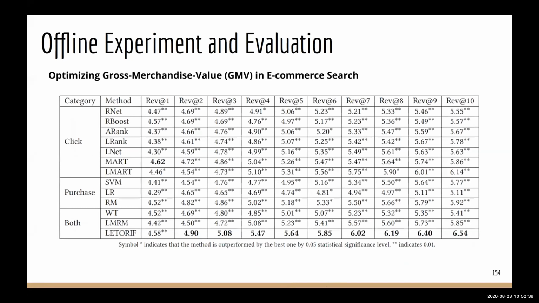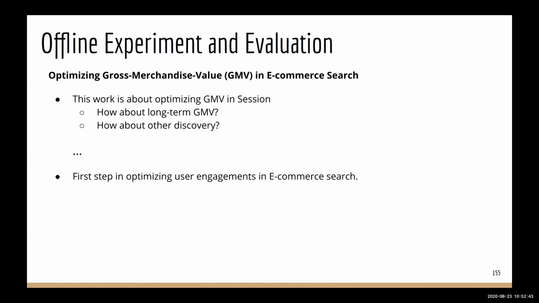There are more results, but due to time limit I'll skip. So this is one work where we actually try to write down GMV, to optimize GMV by describing the procedure in a session. Then you can ask questions like, can we do it across sessions?